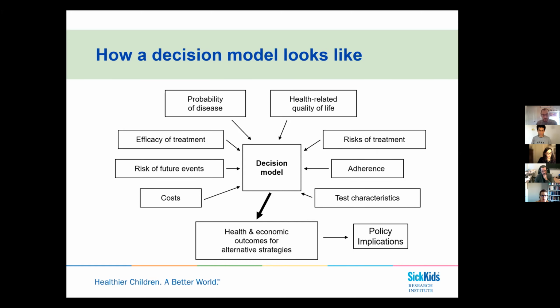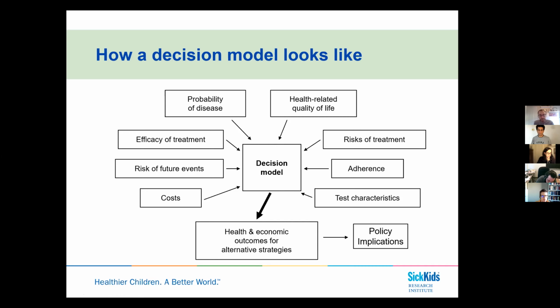The way that we typically do it is using simulation models, where they act as a tool to synthesize information. So you have a decision model, which is the medium to synthesize information on the probability of the disease, how likely is the disease, or what's the quality of life associated with the disease, or different stages of the disease.